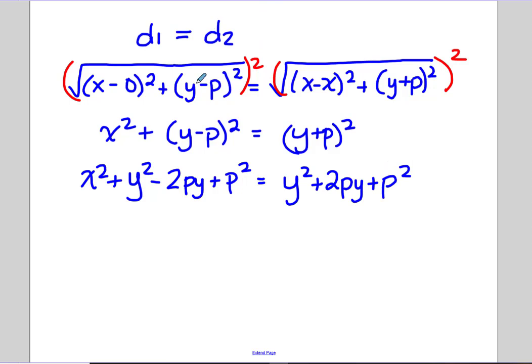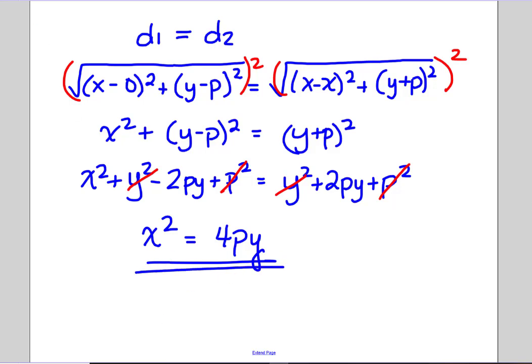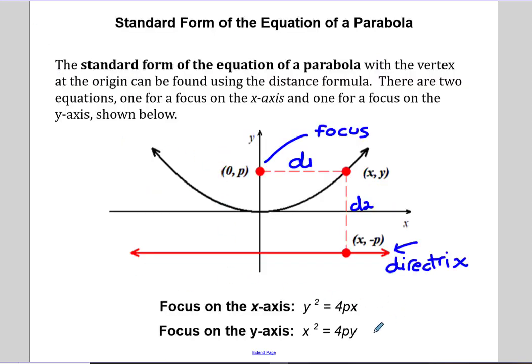And then collecting like terms, the p squareds go to 0, the y squareds go to 0, and if we take this negative 2py over to this side, we find out that x squared is 4py. And this gives me a standard form equation for a parabola whose vertex is sitting at the origin, and that's our general form of the equation.